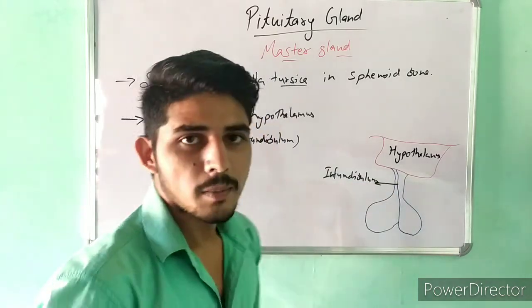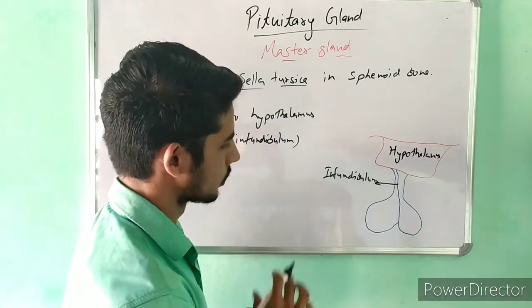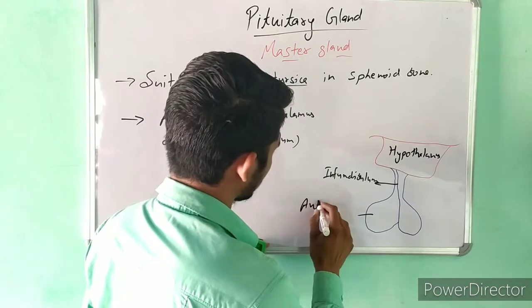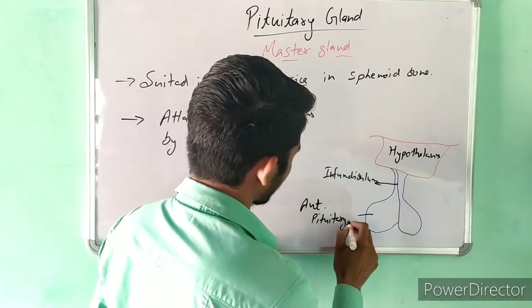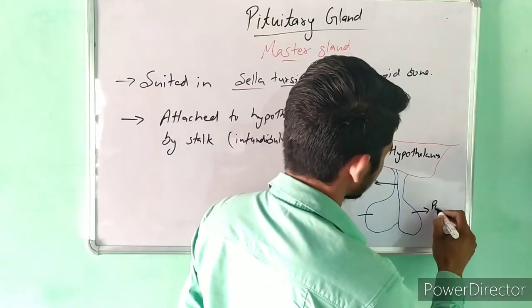And the pituitary gland is anatomically divided into two parts. The anterior portion is called the anterior pituitary, and the posterior portion is called the posterior pituitary.